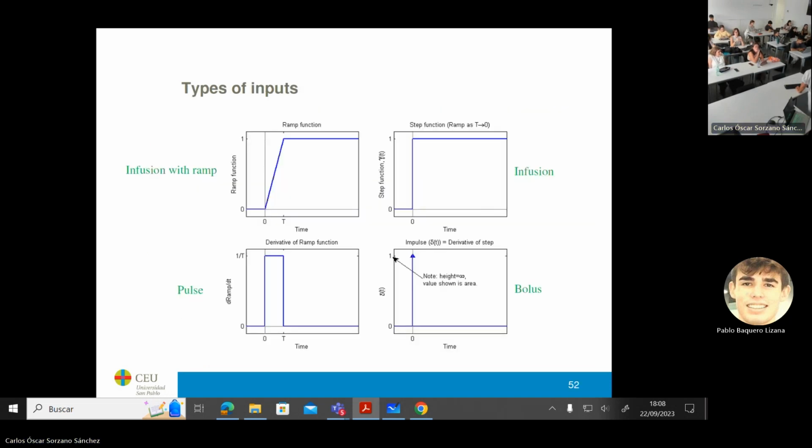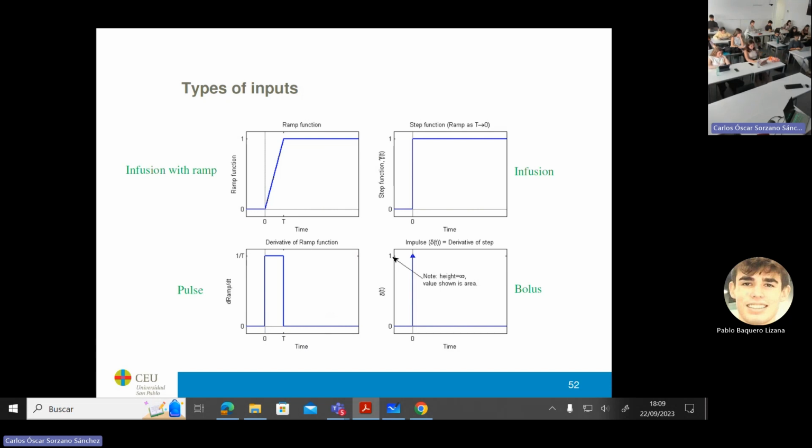What kind of inputs can we have? We can have pulses, as we have had with the DNA damage. You can also have a ramp function, or an infusion with a ramp.